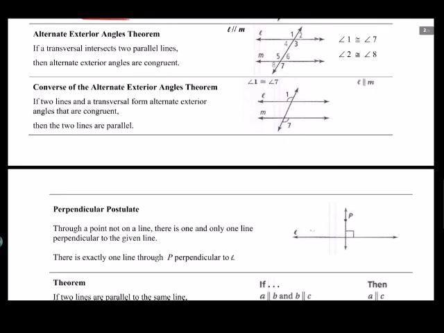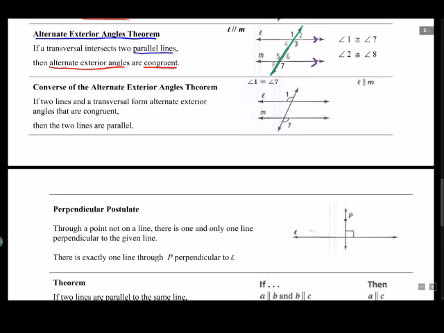And the last one, alternate exterior angle theorem. If a transversal cuts two parallel lines, so there's our parallel lines, there's our transversal, what do we know? Alternate exterior angles are congruent.